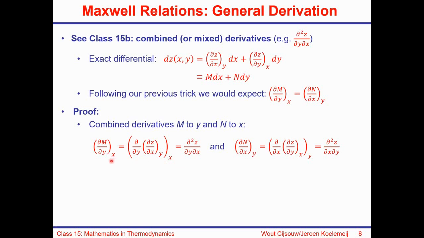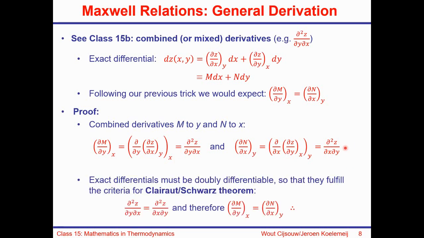But what's basically written here is that this partial derivative of m with respect to y is this mixed partial derivative, d squared z dy dx. You can do a similar thing for n, and that results in another mixed partial derivative, d squared z dx dy. So the only difference between these two is that the ordering of the x and the y is inverted.